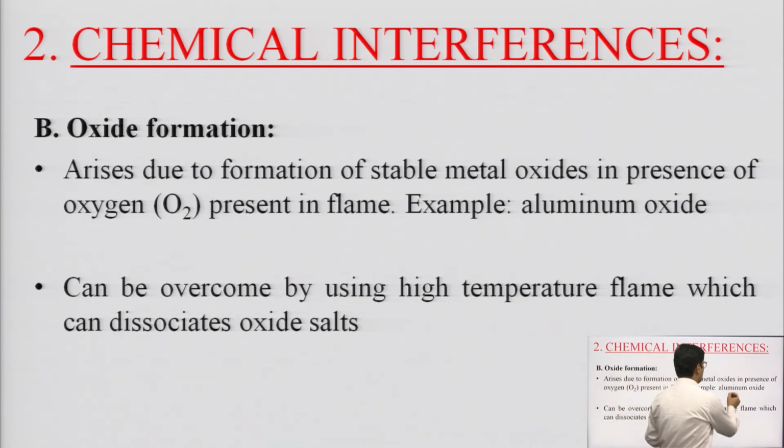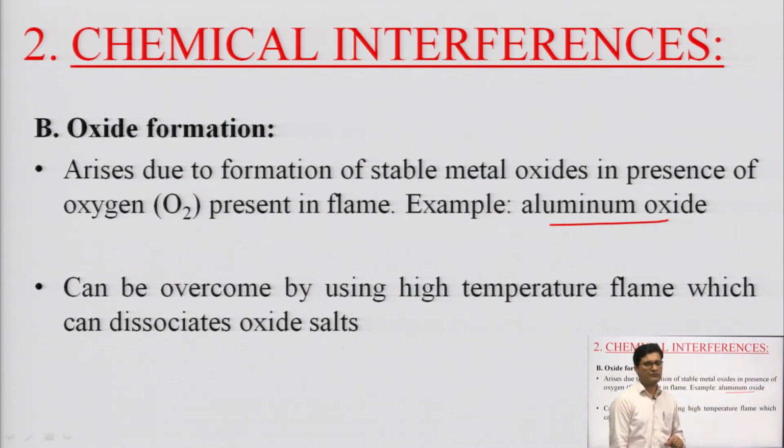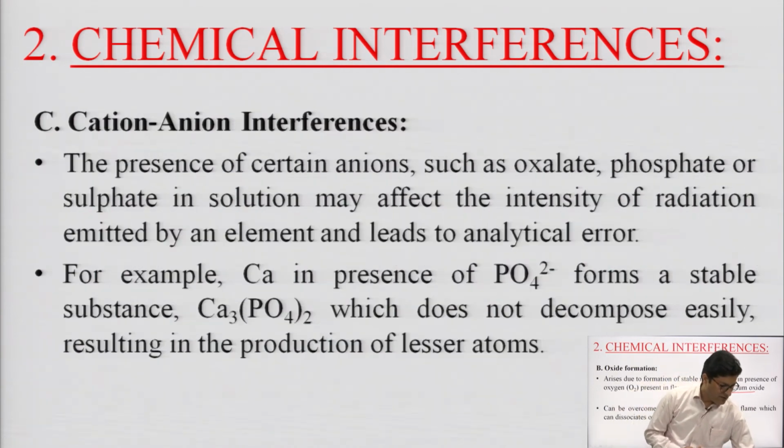Like aluminum oxide: if you are going for the determination of aluminum, due to the oxygen present in the flame it may react and form aluminum oxide. This can also be corrected by making your investigations at higher temperatures. At high temperature, the oxides that are formed can be dissociated and the metal can be freed.